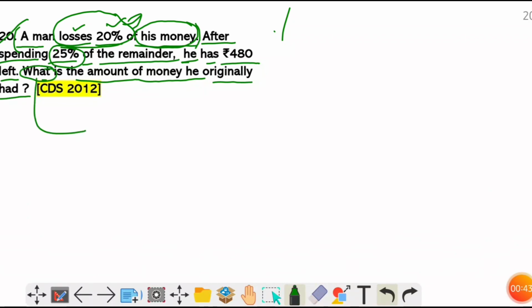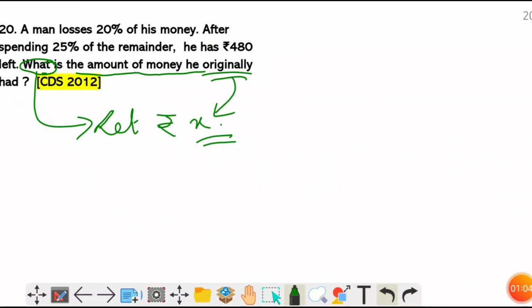So here we'll assume that the original money he had was rupees X. So let the original money he had equal rupees X. And now in the question it is said that out of his original money he lost 20%.